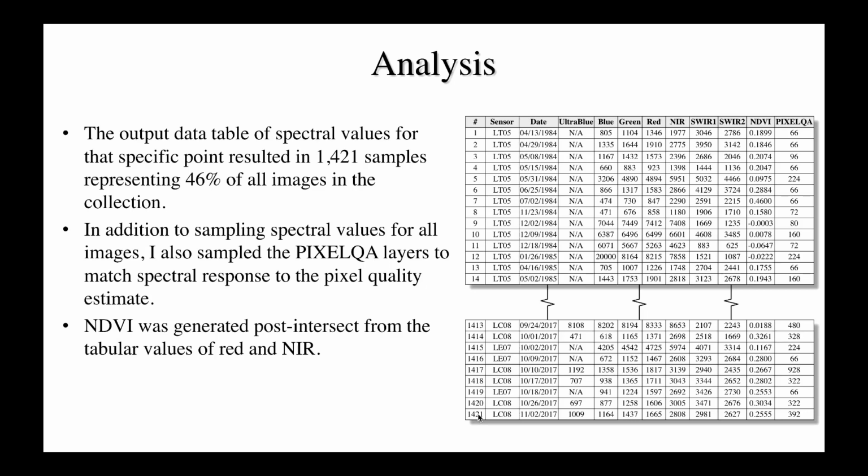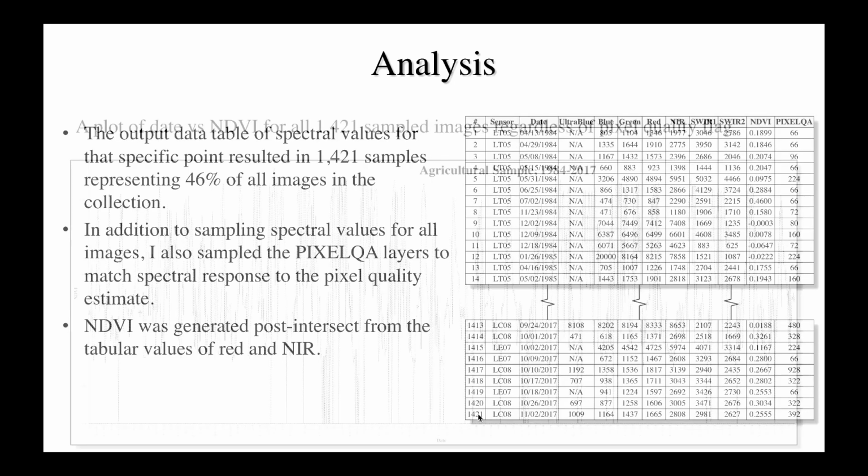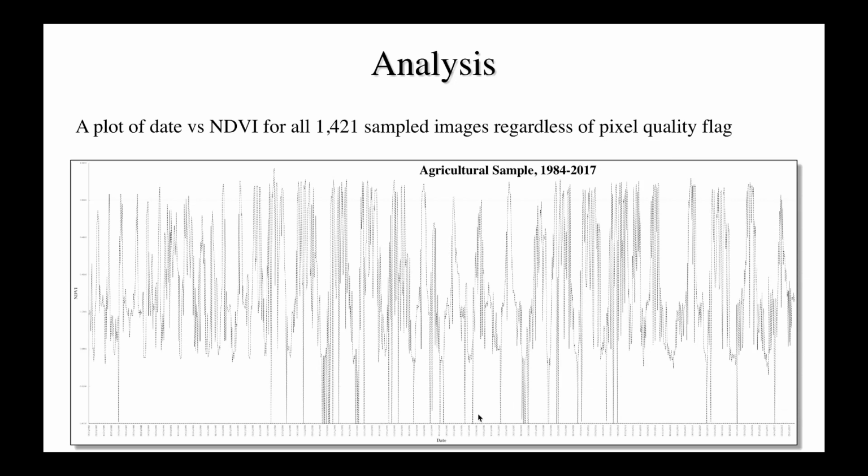If we plot that across time, this is what we get. This is the raw NDVI, regardless of pixel quality, for each one of those 1,400 images.